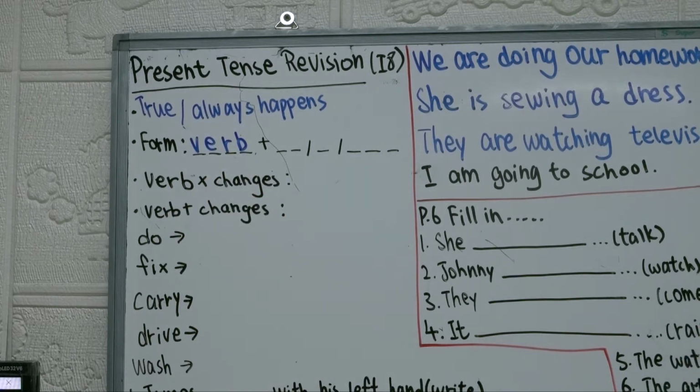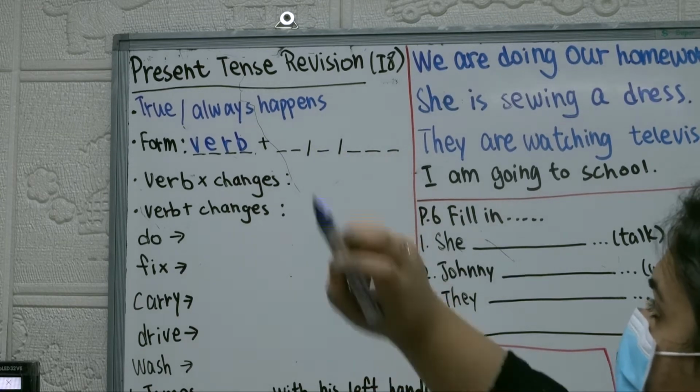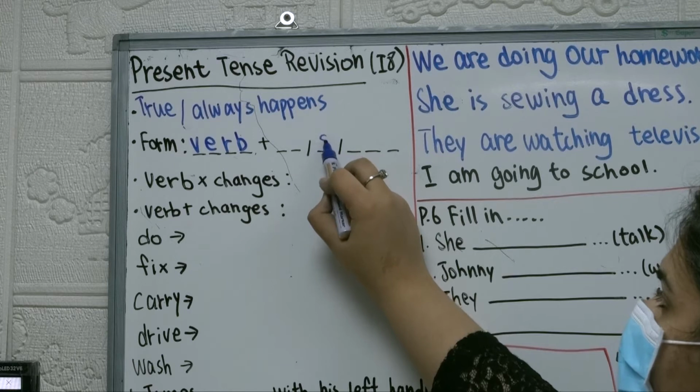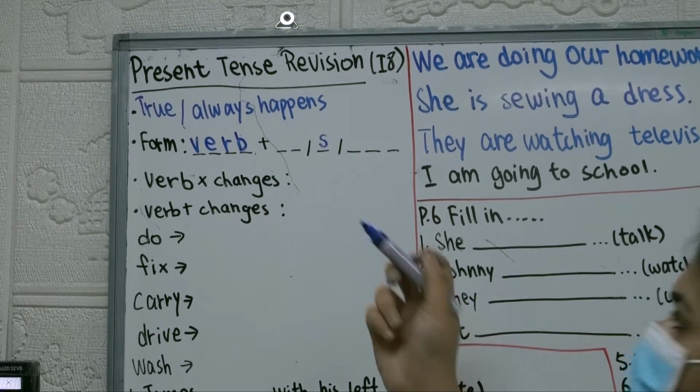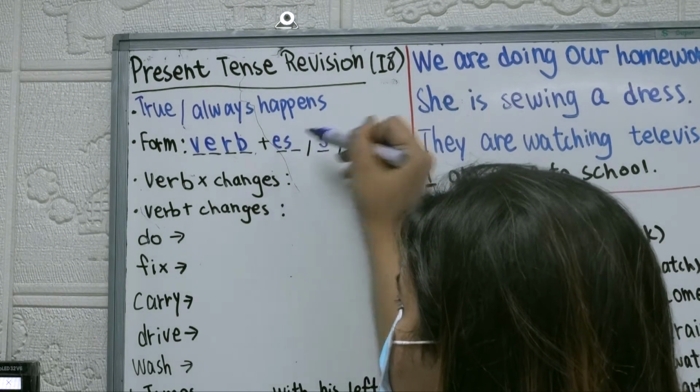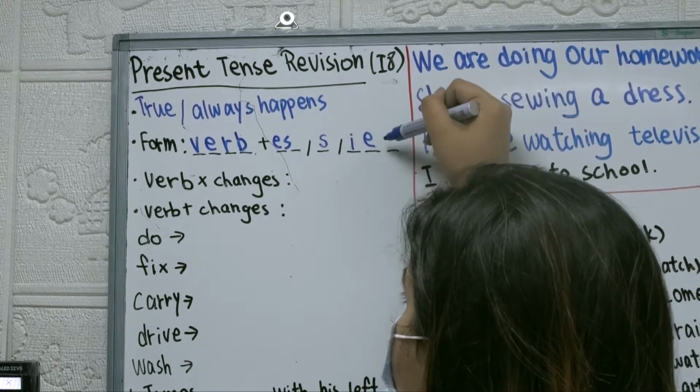So what do we add to the verb in present tense? What are the possibilities? The very basic one is we add s, right? Or es, very good. And then ies, right? The basic form is that.